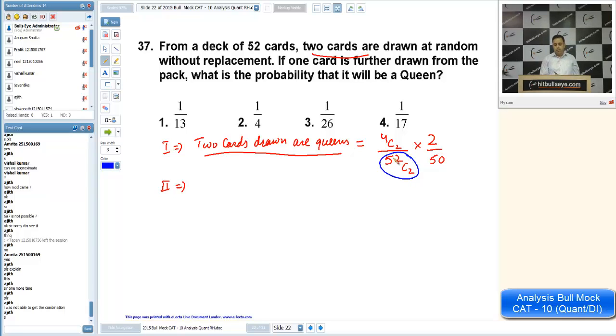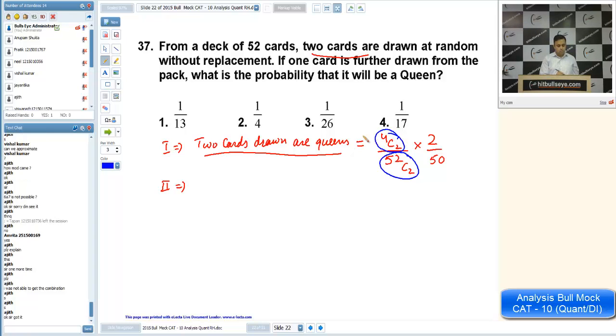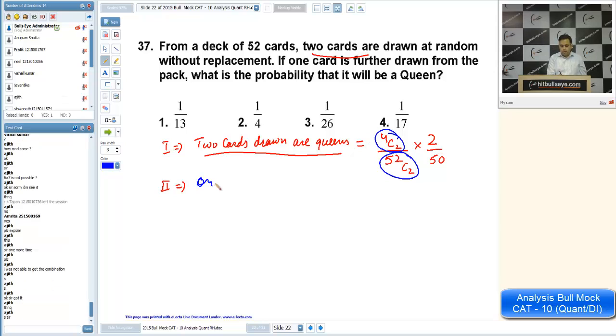And we have 4 queens, and out of these 4 we have to select 2, which are our favorable cases. So how will you select them? 4C2. Okay, Ajit, you got it. Next case, one card is a queen and the other is not.